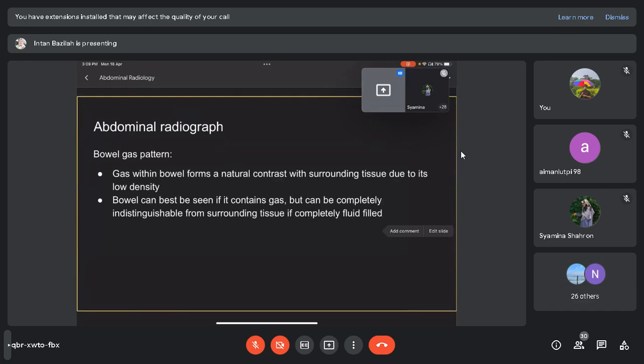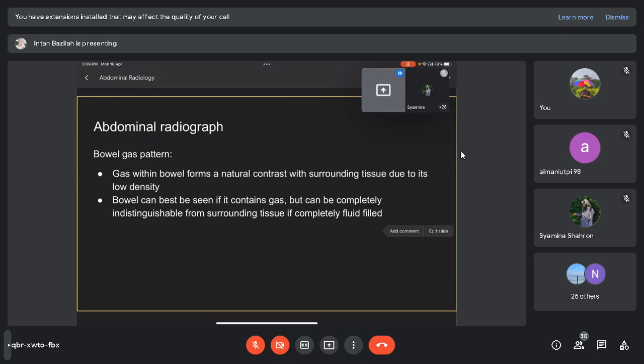Okay, so first when you get an abdominal radiograph, you look at the bowel gas pattern. Gas is actually very good as it can provide natural contrast. So when it appears within the bowel, it can give you a natural contrast to compare with the surrounding tissue.